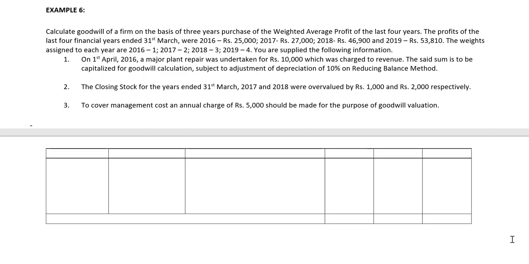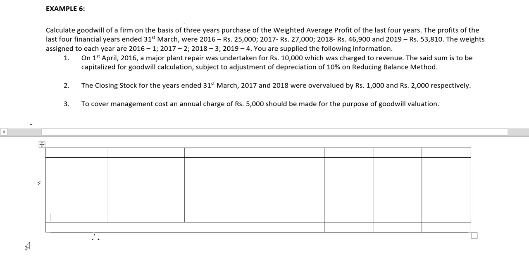So we need to value goodwill based on average profits method using the weighted average. In addition, we need to make adjustments to the profits which have been given. So we'll begin with the solution. We have a table over here. The first column is the year. Second column, profits.